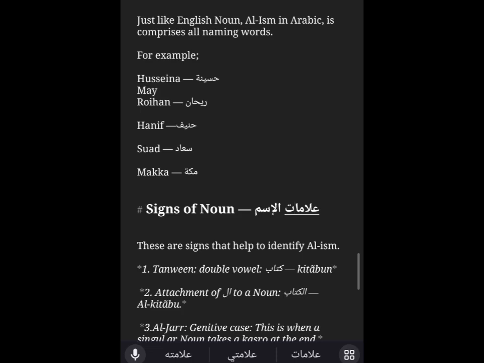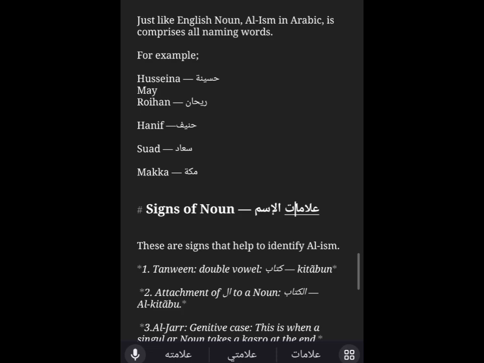It refers to any word that refers to something that could be felt, and that is the concrete part of it, or something that has a name but couldn't be felt. That is the abstract part of it.